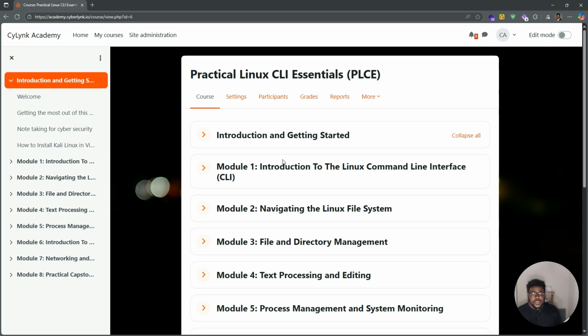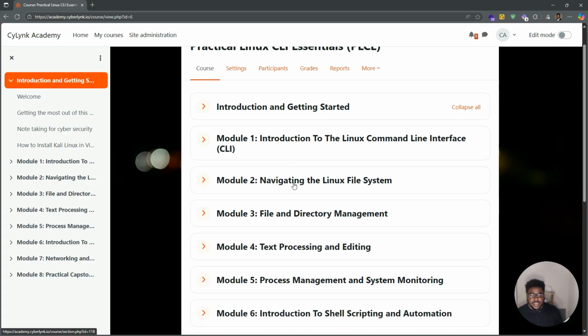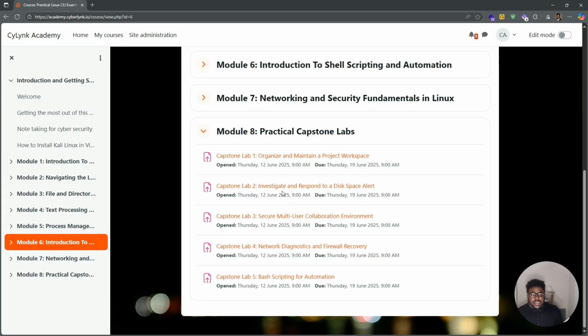You will then step into the introduction of the Linux command line in general, which includes an overview of the Linux operating system. You will also navigate the file system and understand the file structures and permissions within Linux. And then at the very end, in a fictitious organization, you are going to be carrying out a lot of practical hands-on scenario-based labs that instruct you to go solve problems, solidifying the knowledge that you gained throughout the course.